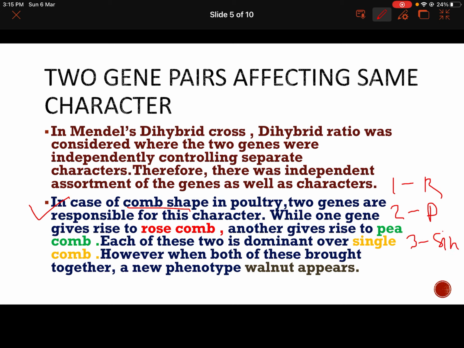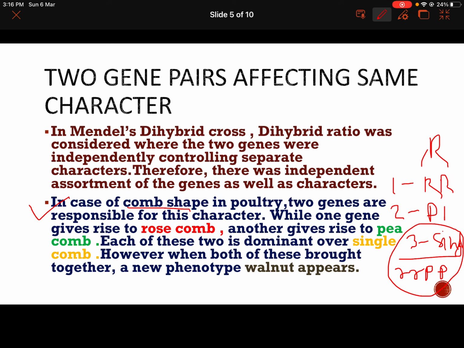Single comb is formed when there is all-recessive genotype. When no dominant allele is present, the phenotype will be single. However, when both of these are brought together, a new phenotype, walnut, appears. When the genotype is RR, only R is present, the comb shape will be rose.